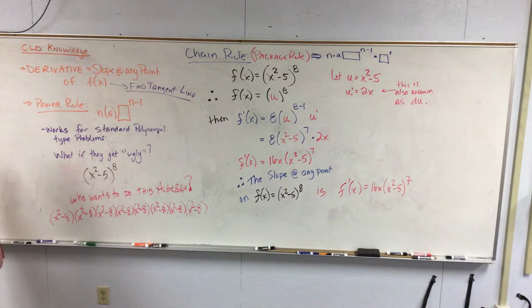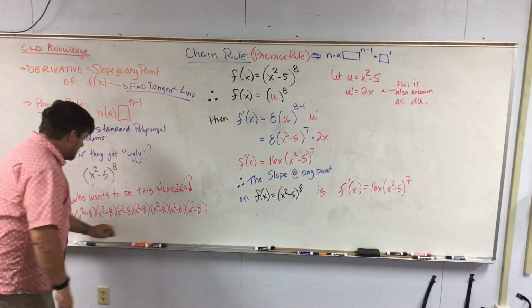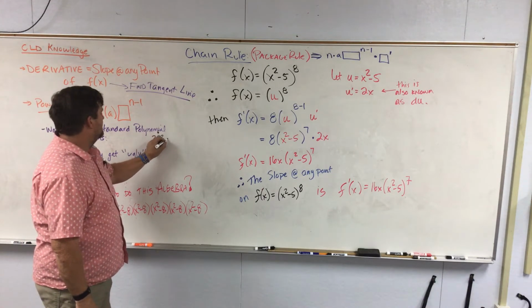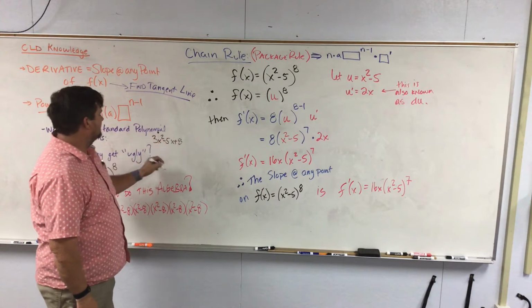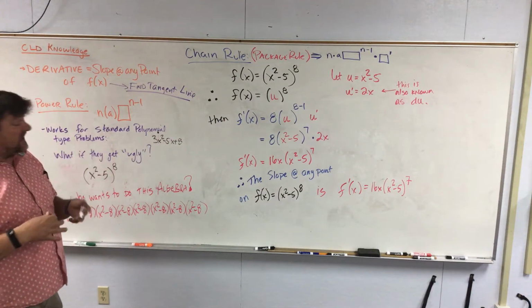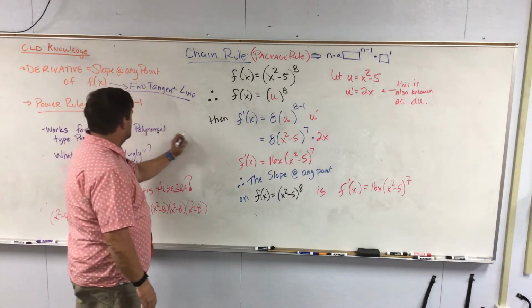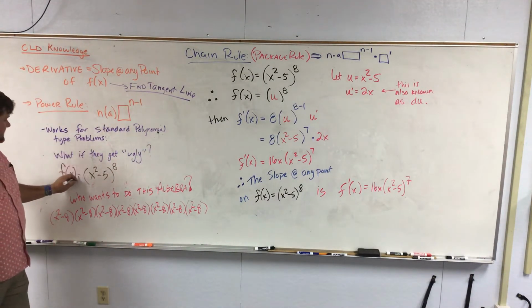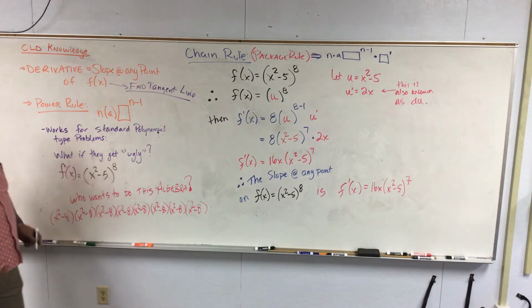All fine and dandy when everything looks pretty, like the one we did, 3x squared minus 5x plus 8, or square roots, or x to the 3 halves. But then they say f of x is this ugly looking thing, x squared minus 5 to the 8th power.